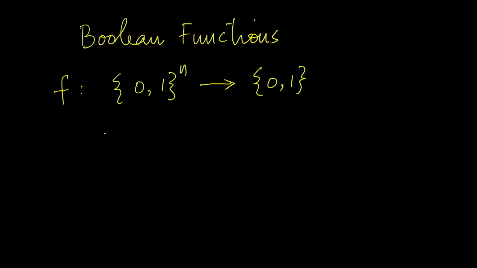So let us consider Boolean functions for various values of n. When n equals 0, that means when there is no input, there are two Boolean functions. One is the constant Boolean function true, which always produces 1, and then the constant Boolean function f, which always produces 0. So these are the 0 variable Boolean functions.